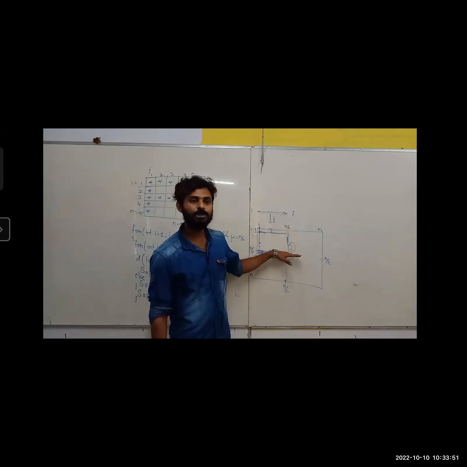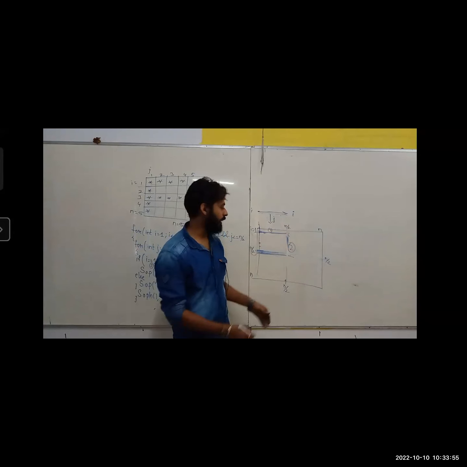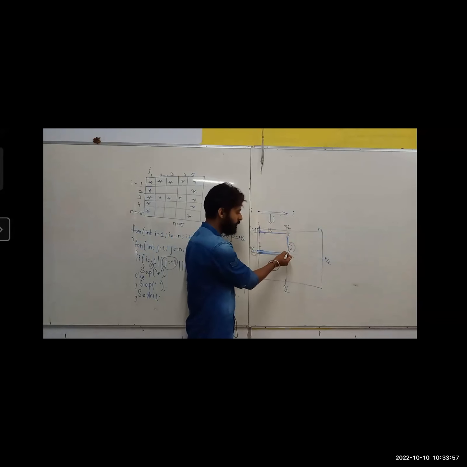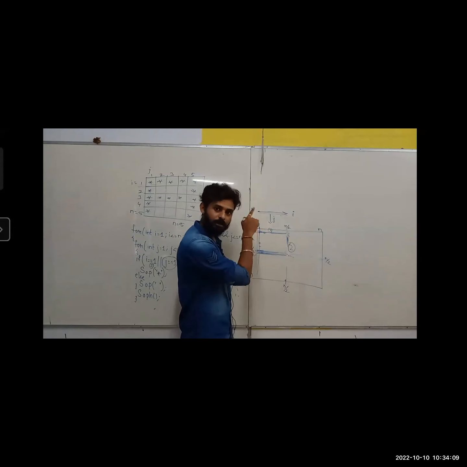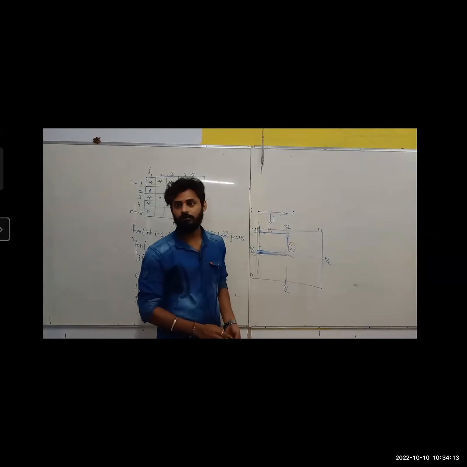Okay, and i should be less than or equal to n by 2. Did I tell you that you should print up to here? No, right? Till here I'm saying, there is a difference. If you say up to here, then it is less than n by 2. Okay, so equal to n by 2 will not be printed. But what is my expectation? Equal to n by 2 also should be printed. It's less than or equal to n by 2.